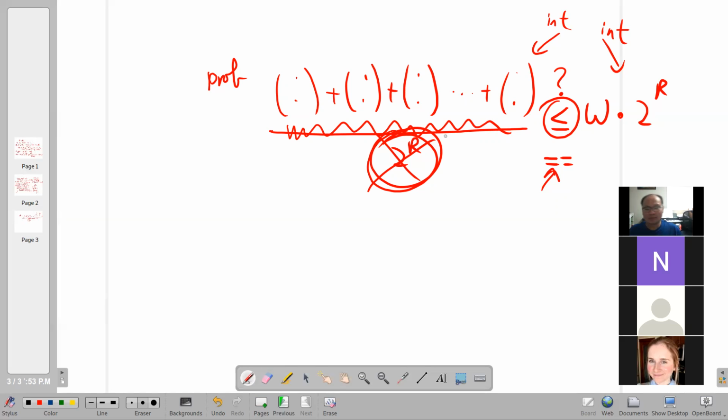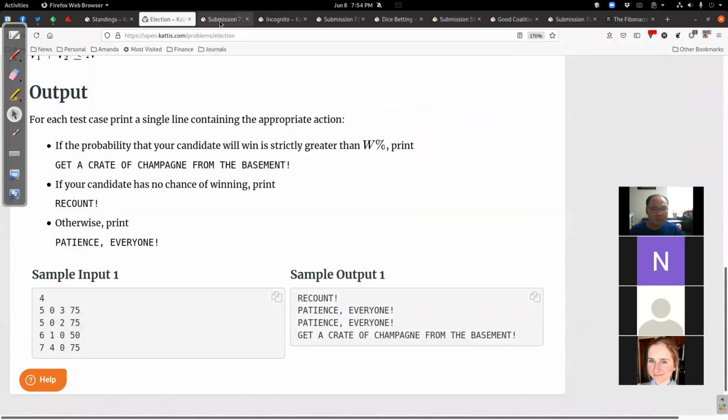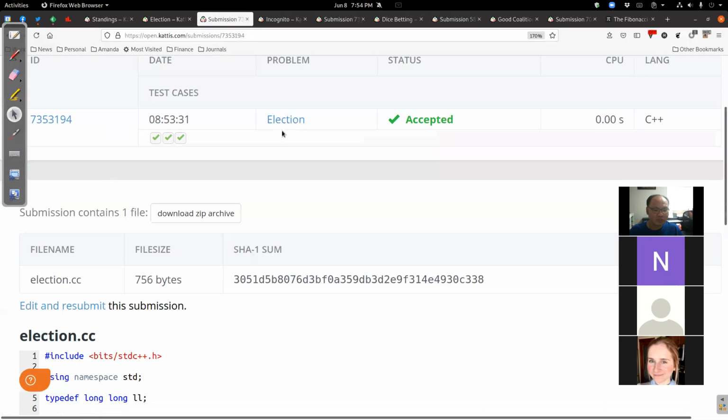But I still think it's good practice to think about this, and if possible, just avoid going to doubles or whatever it is. Okay, so that's the part where I think Jana, I haven't seen the code from Luke, but that's what happened with Jana's code. And I'll just show you my solution.